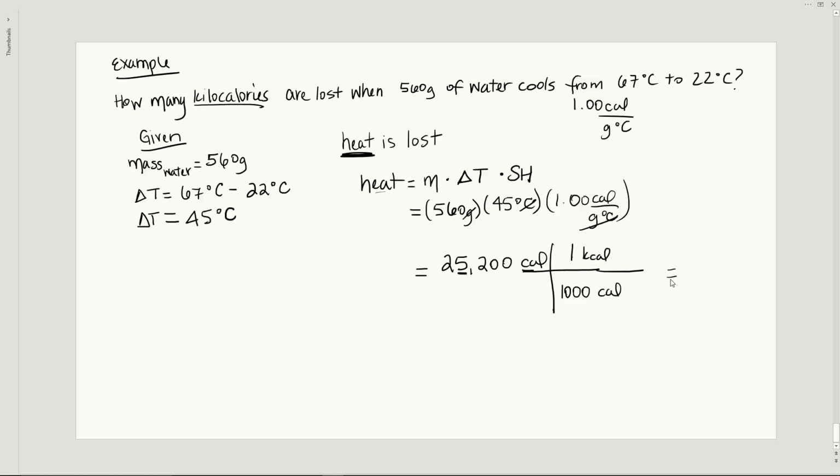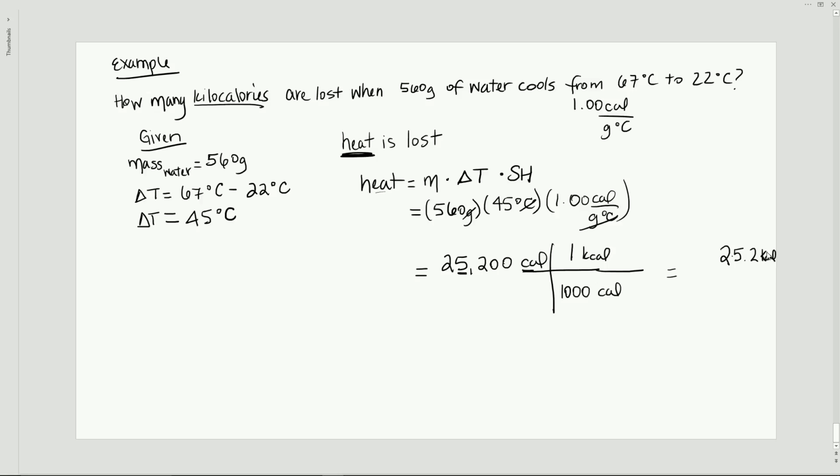Okay, so if we divide 25,200 by 1,000, we get 25.2 kilocalories.